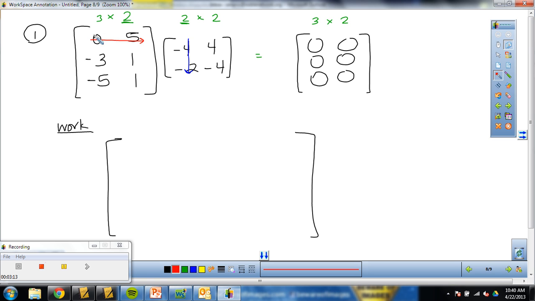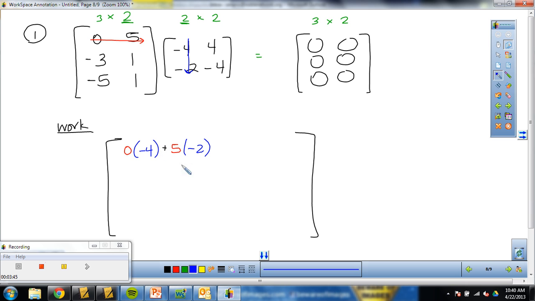So the first term in row 1 is going to be placed in row 1, so 0, and as we start at the first entry of the row, we're also going to stop at the first entry of the column in the second matrix. So we're going to do 0 times -4 plus, then we shift over along the row, we multiply 5, and we shift down along the matrix times -2.